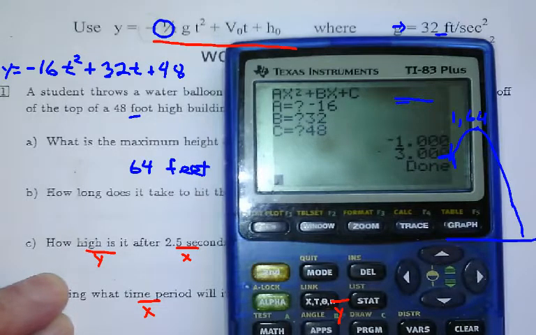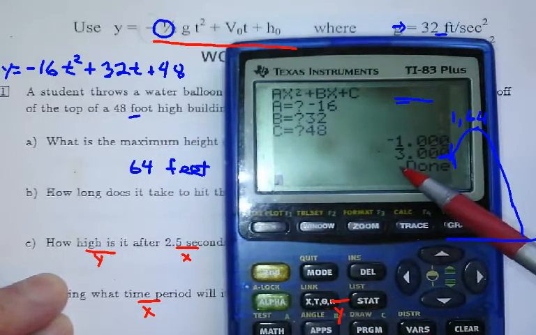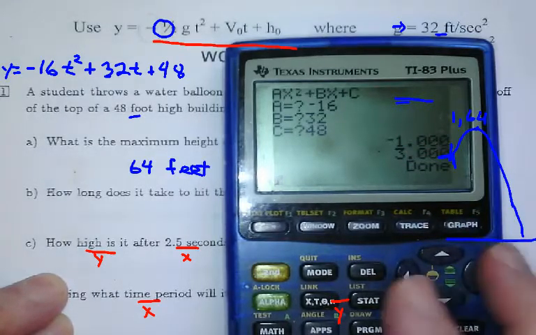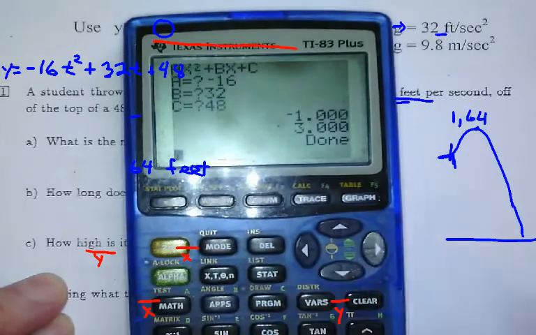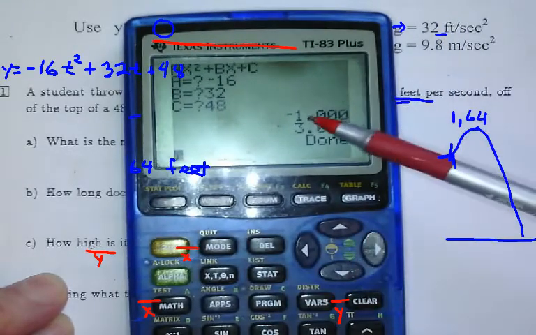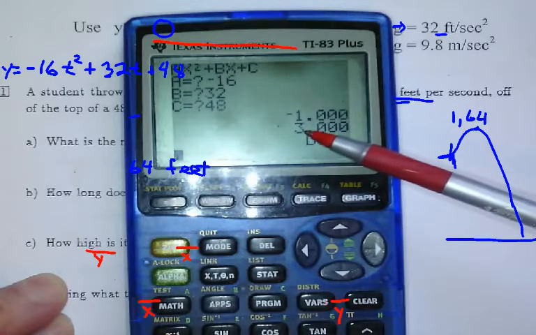Hey! So this tells me that there's two x-intercepts. One of them's positive and one of them's negative. I don't want the negative one because that doesn't mean anything in this picture, right? So the positive one is the one that means something.